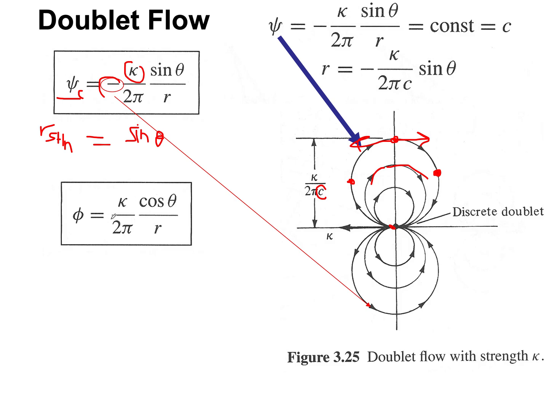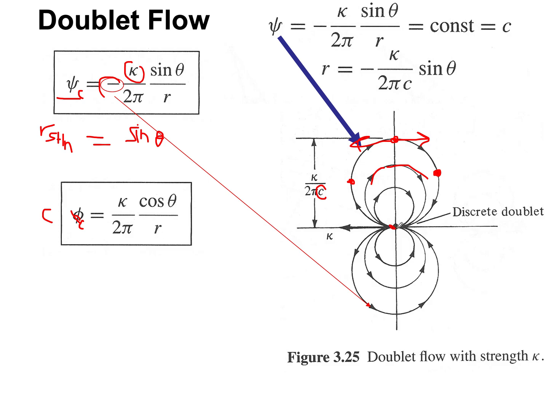Now you can try and plot the velocity potential. So velocity potential is constant, equal to c, a constant. So you're going to get r is equal to kappa cosine theta.